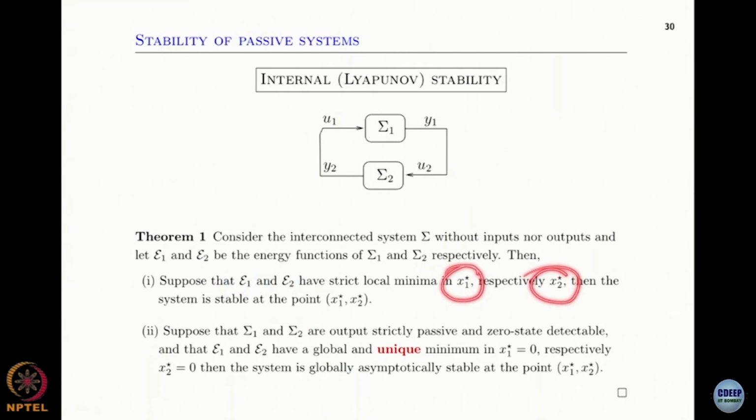So you want the energy of this system to have a minimum at x1, and the energy of the second system to have a minimum at another equilibrium point, right? If in addition you have output strict passivity and the equilibrium is unique, then you will have asymptotic stability, okay? Provided that you have this property of detectability. So detectability is the following.